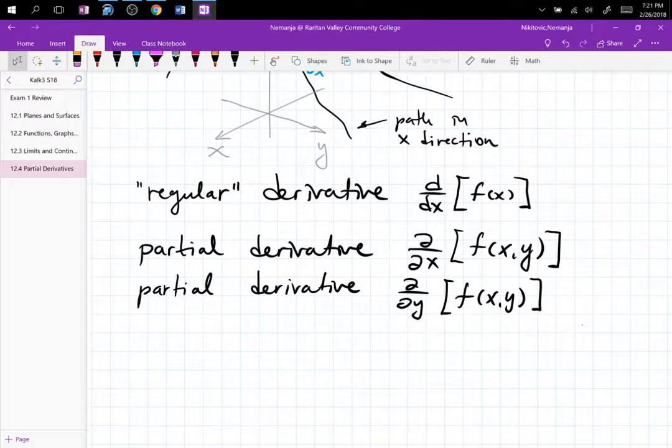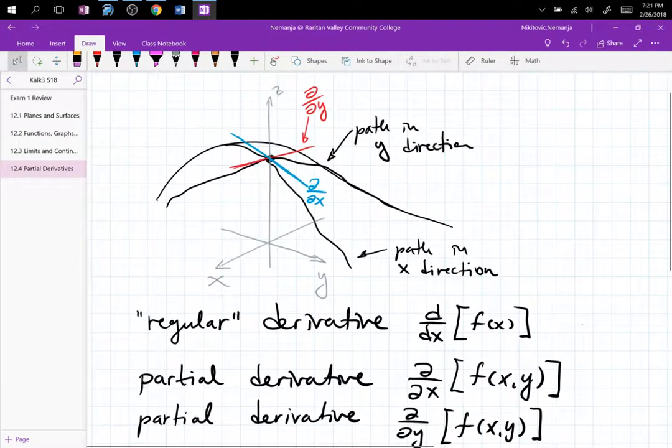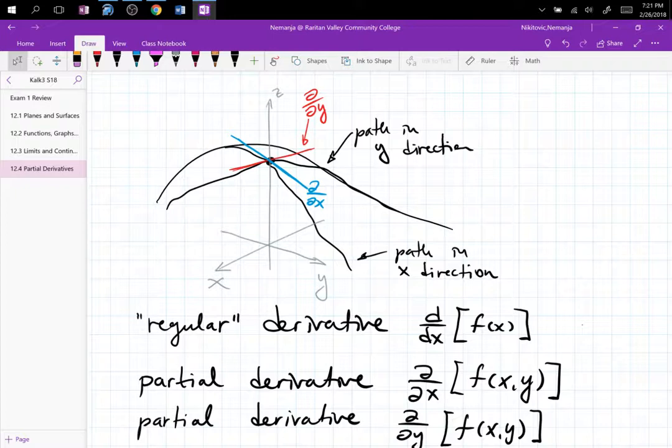When you are taking a partial derivative with respect to x, you will regard y as a constant. Because, as you can see, down the blue path, the y doesn't change. Y stays fixed, and you are only changing the x. Please note that that's a 3D drawing, which means that your z as you walk up and down is changing, right? But location-wise, you are only allowed to change x or y, not both.